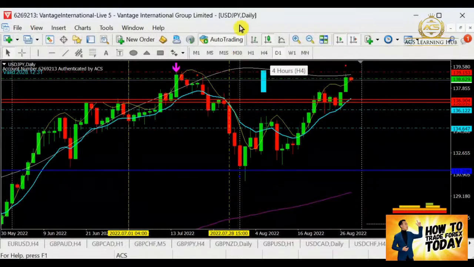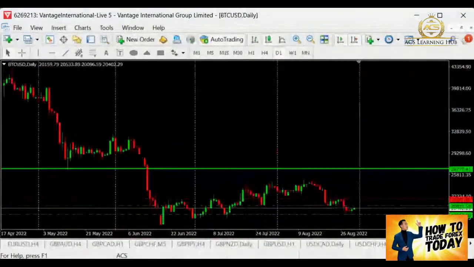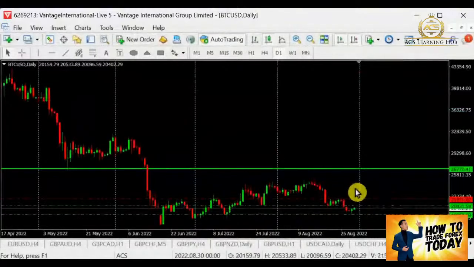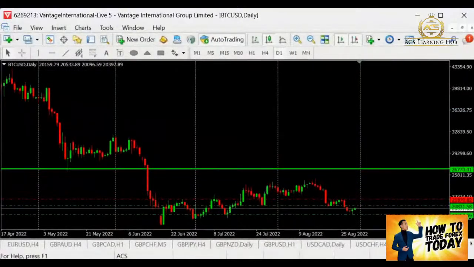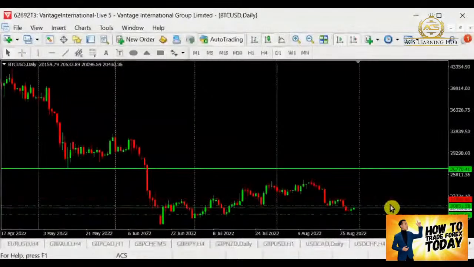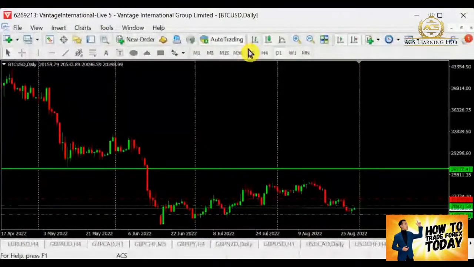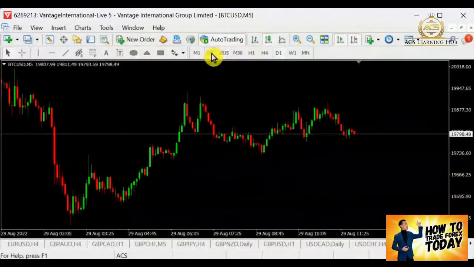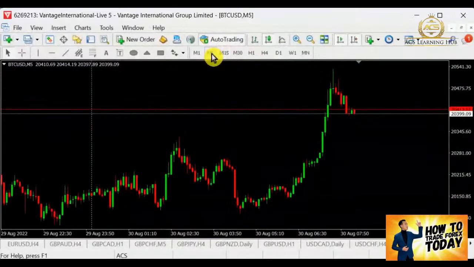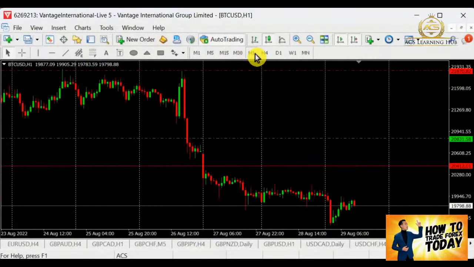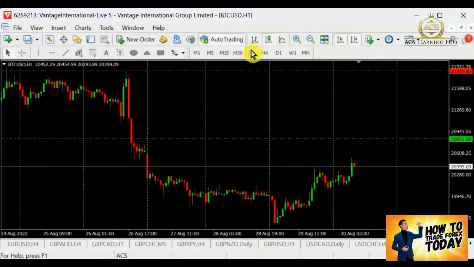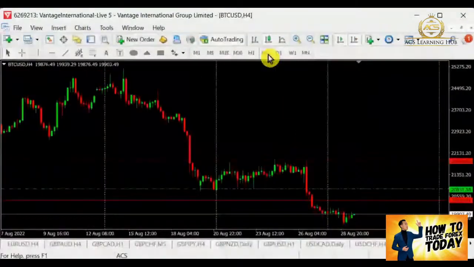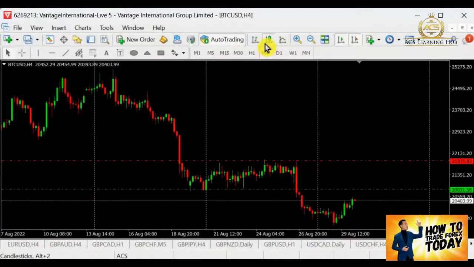All right, Bitcoin. We have touched the 19, and now it's retracing up towards the 2020. At the moment we are moving up into 2400. So for Bitcoin, today we are actually experiencing buying.